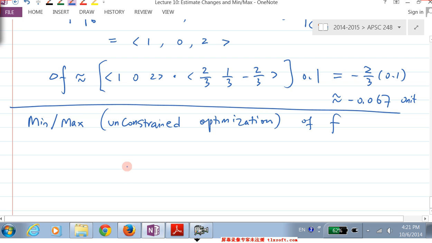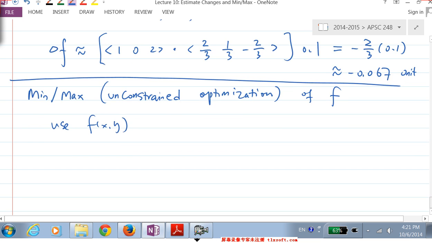So what does that mean essentially? You're going to use a function of two variables because we can graph that. So it's a surface. What does a surface look like? Maybe looking like this.